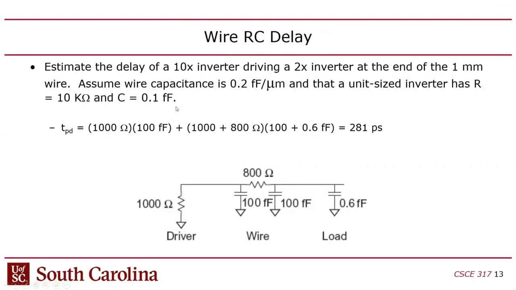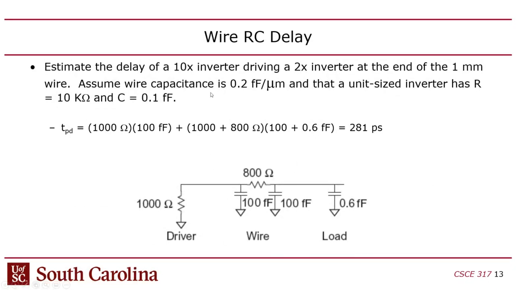Okay, so here's another example. You'll see on the quiz, I have some similar examples. The question is to estimate the delay of a full path, which would include the output of a gate and the input to the next gate that you're connected to. So you're taking the output of one gate and wiring it to the input of another gate, and in between you've got a wire.